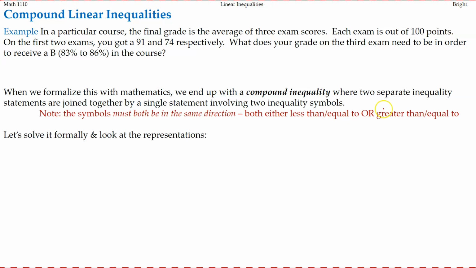We could break it into 2 separate inequalities, but it's a single statement that has 2 inequality symbols. So it might be something like a is less than or equal to m times x plus n is less than or equal to b.